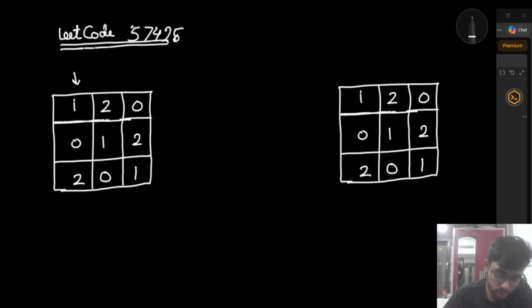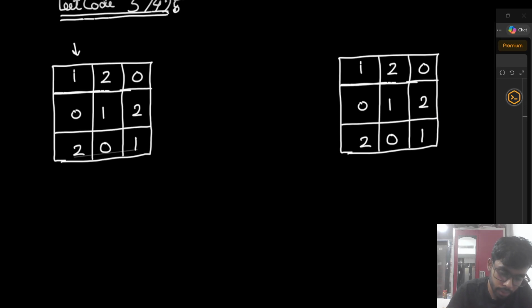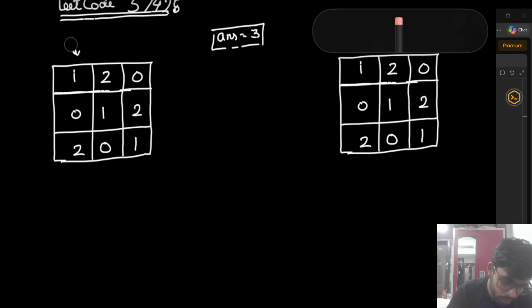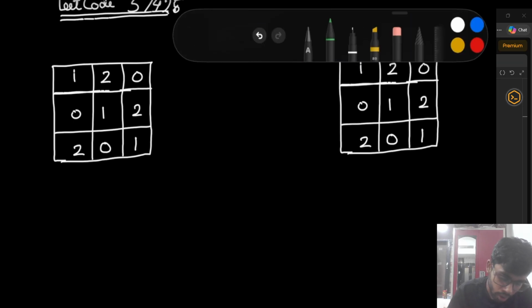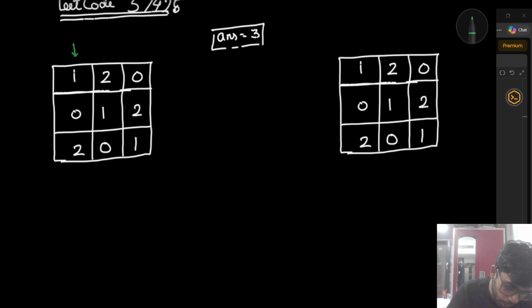So here I have got this and its answer is 3. We have to start at this cell and our target is to reach this cell, and we will be given a k.